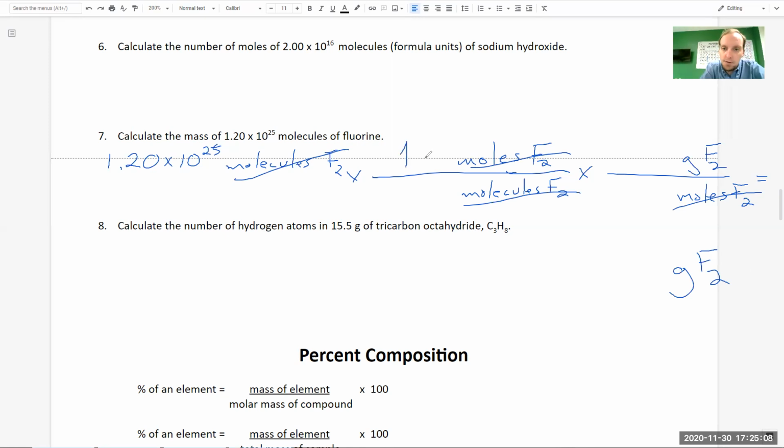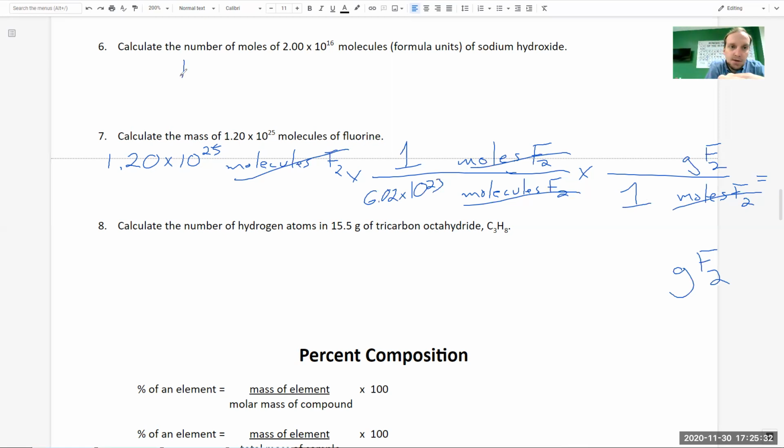We know that for every 1 mole is 6.02 times 10 to the 23rd molecules of that substance. Again, it doesn't matter if it's iron, doesn't matter if it's fluorine, doesn't matter if it's iron phosphate. 1 mole of anything is equal to that many molecules. Okay, that is a constant. Over here, we know that for every 1 mole is going to be the molar mass off the periodic table.